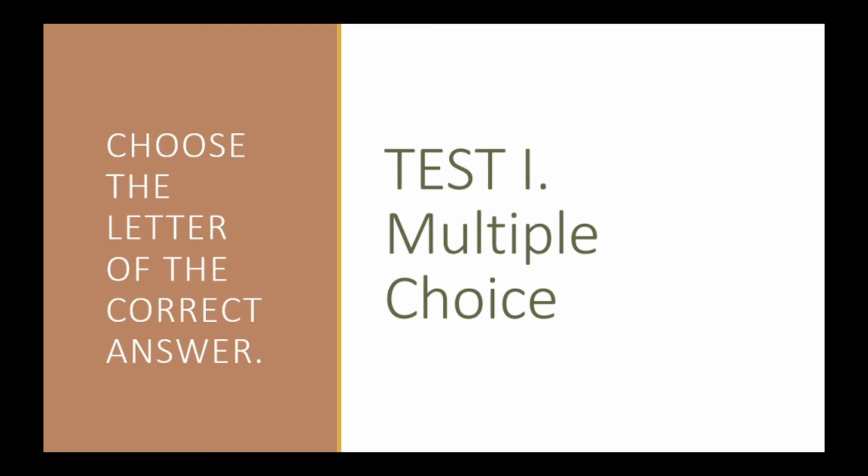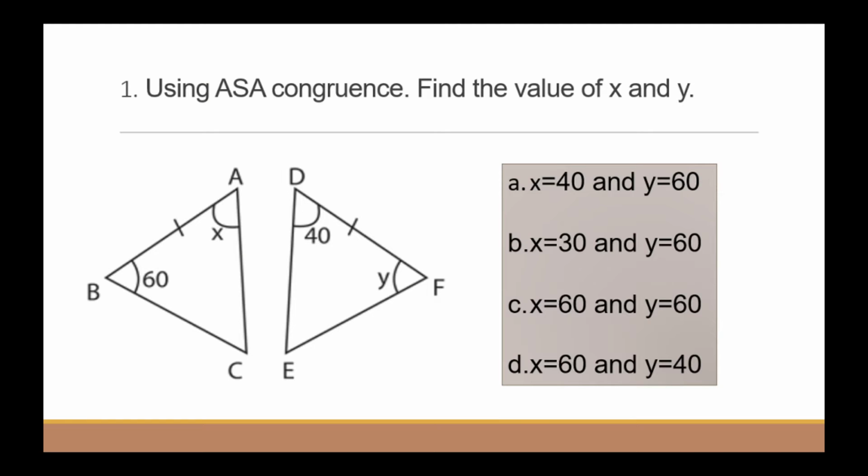Okay, for test 1 multiple choice, choose the letter of the correct answer. Number 1. Using ASA or angle side angle congruence, find the value of x and y. So we have the figure, triangle ABC and triangle DEF. So angle B is 60, angle A is x. And for the second triangle DEF, angle D is 40, angle F is y.